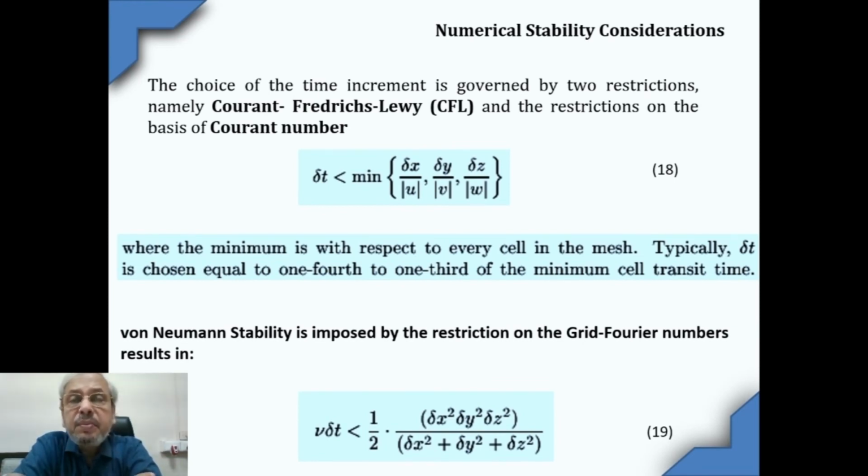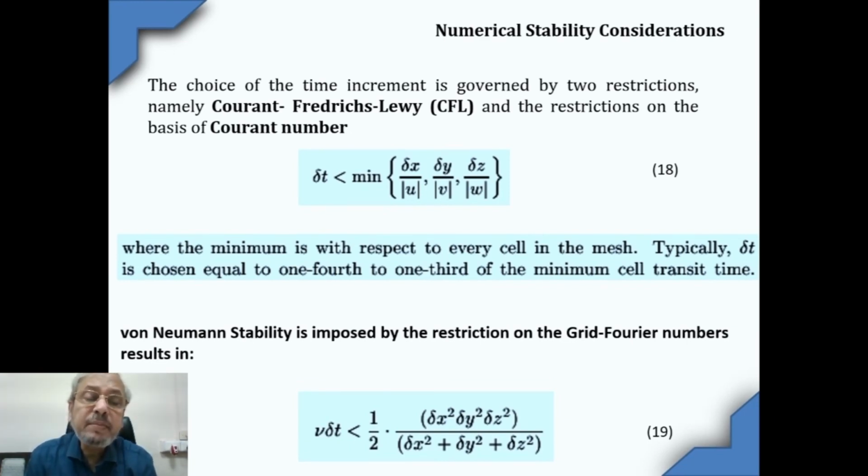One is the restriction known as the Courant-Friedrichs-Lewy condition, or the restriction on Courant number. That means at each cell Courant number should be less than 1, and local Courant number at each cell is defined by, for example, in x direction u delta t by delta x, in y direction v delta t by delta y, and in z direction w delta t by delta z.